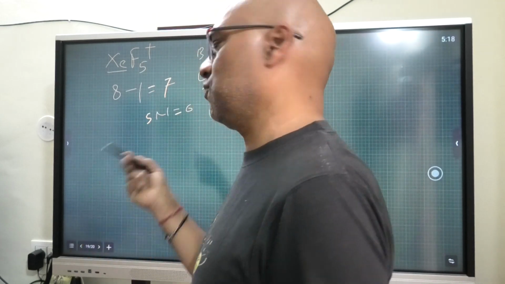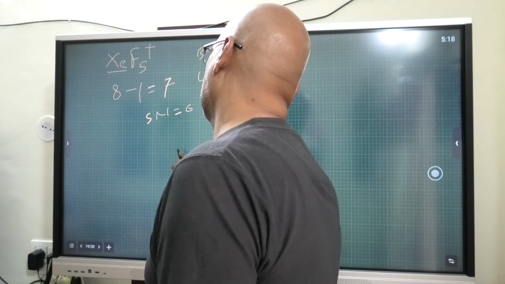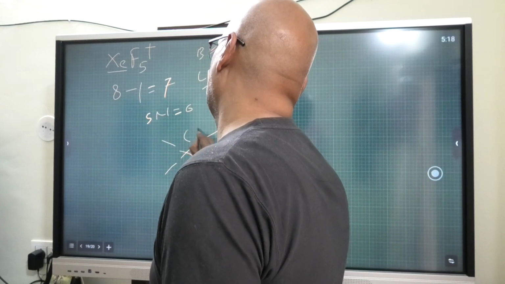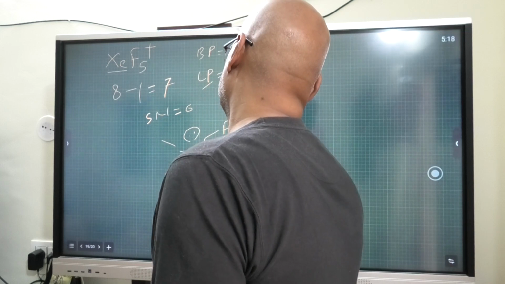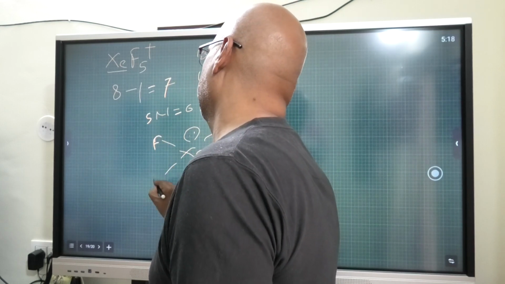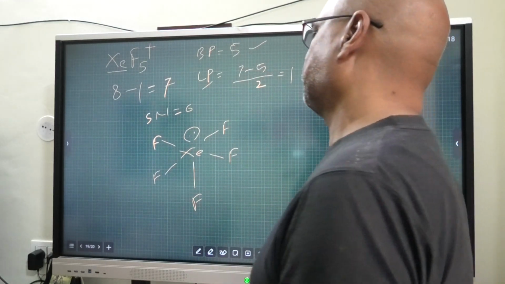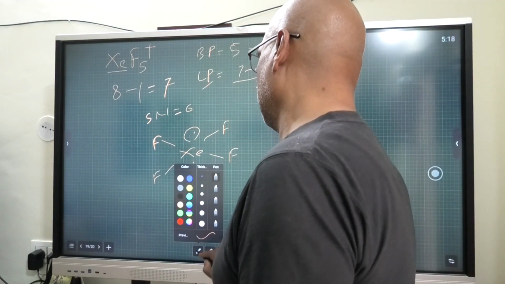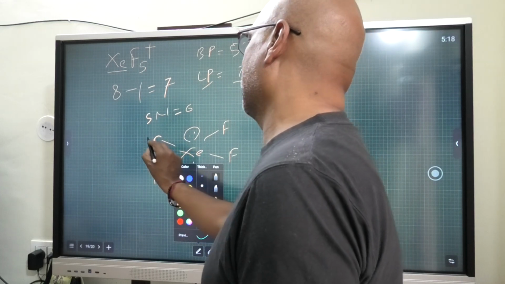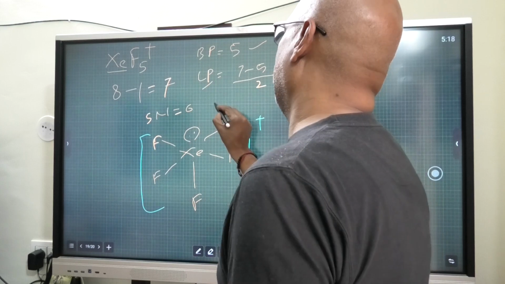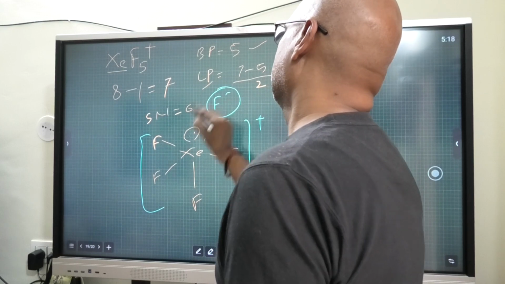For steric number 6, what we have to do? Again, we have to draw like this: xenon, and there is a lone pair. Understood? Now, it is a cation basically, and nearby there is an anion, F minus.